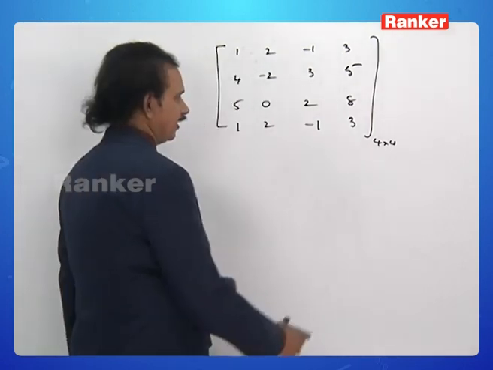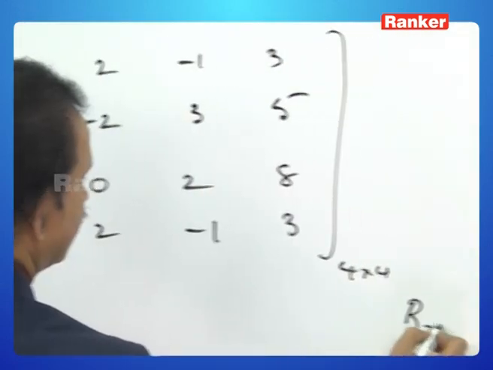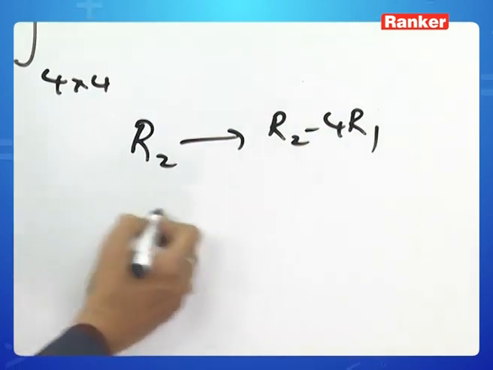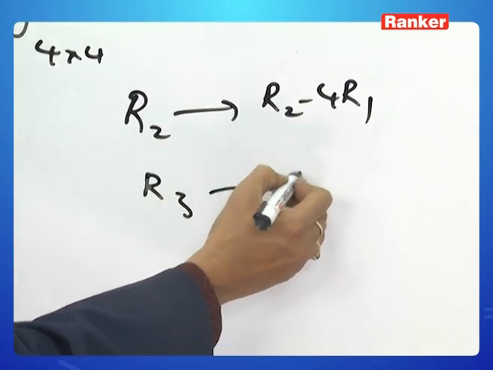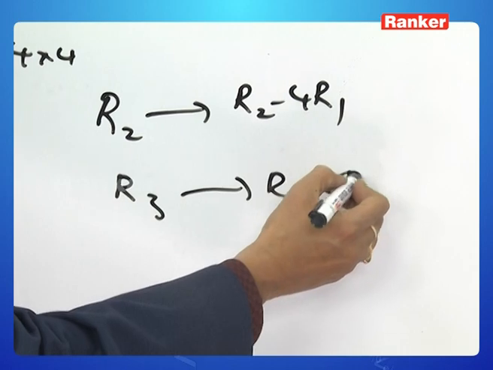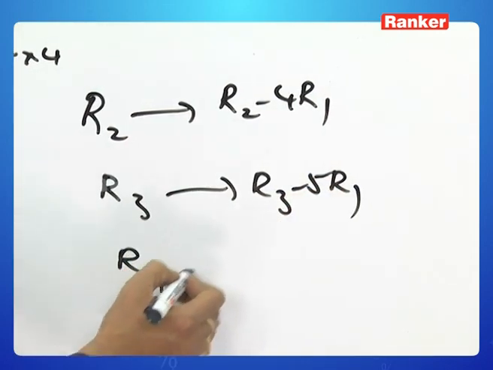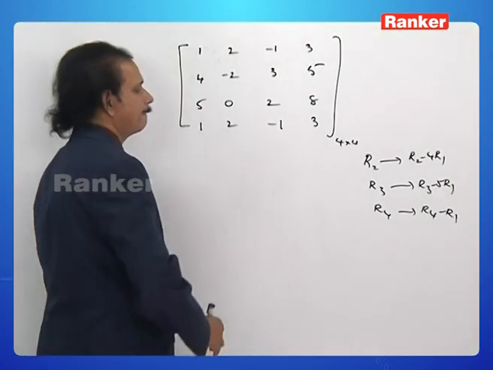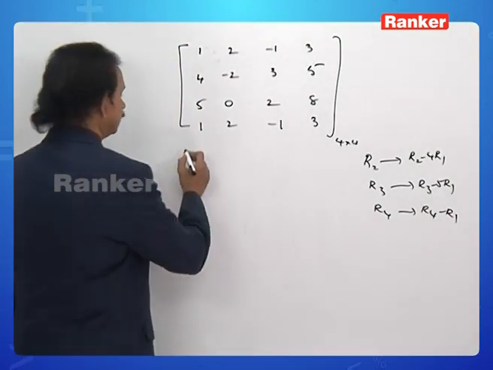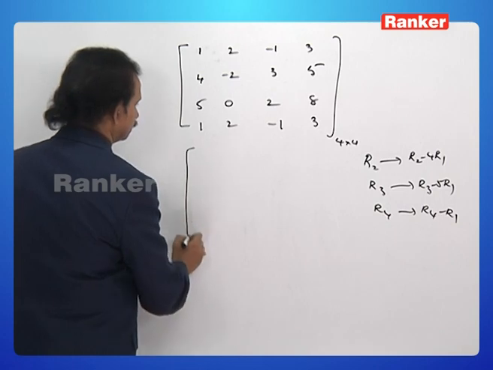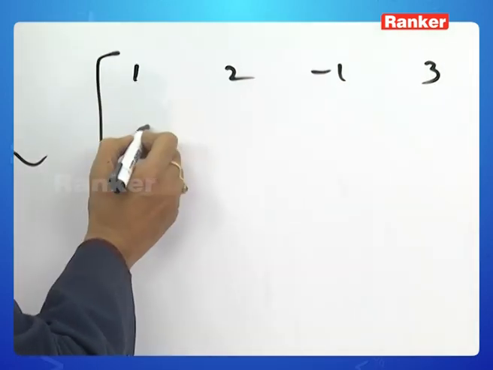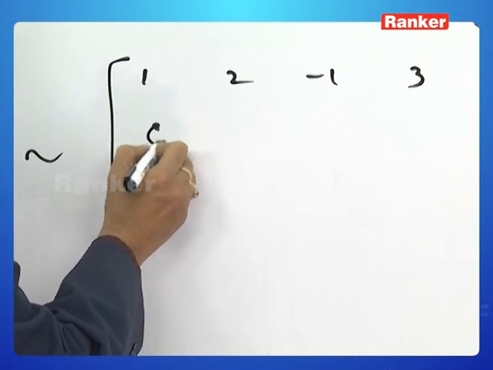You observe the same. I am changing the second row as R2 minus 4R1, the third row as R3 minus 5R1, and the fourth row as R4 minus R1. Look here: 1, 2, minus 1, 3. 4 minus 4, 0.